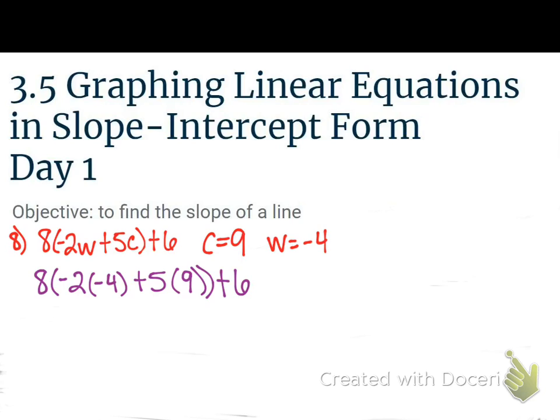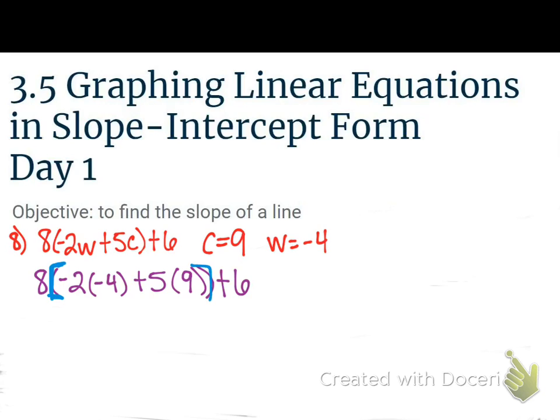To simplify this, we have to use our order of operations. First operation is parentheses, so anything inside parentheses happens first. Now there's nothing happening inside these parentheses with the -4, but in our bigger set of parentheses, we could almost highlight them or treat them more like brackets.